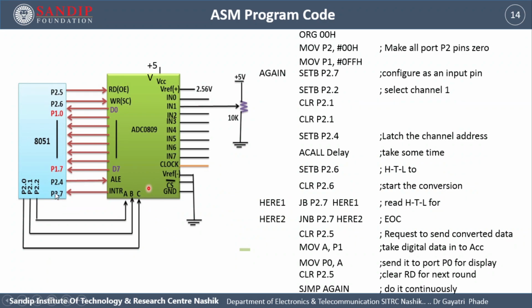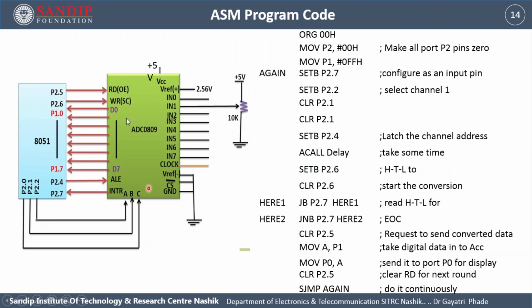Once the conversion is completed, the microcontroller will request the ADC, please output the converted data on the D0 to D7 pins. After making OE enable, the converted data will be available on D0 to D7 and the microcontroller will take that data into port P1.